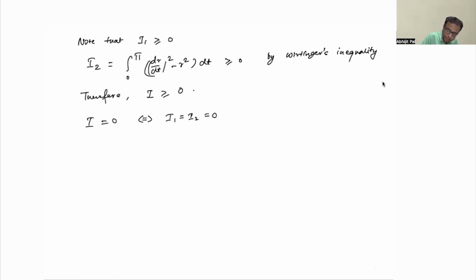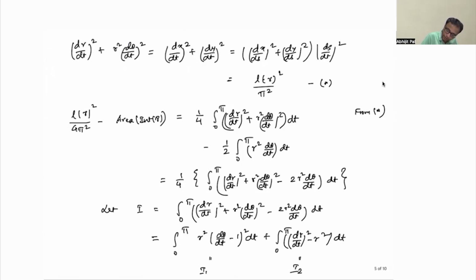If I take I1 equal to 0, then the inside part of this integral will be equal to 0, because it is a non-negative thing, and it will be 0 for all t.